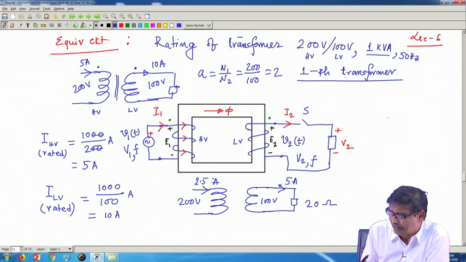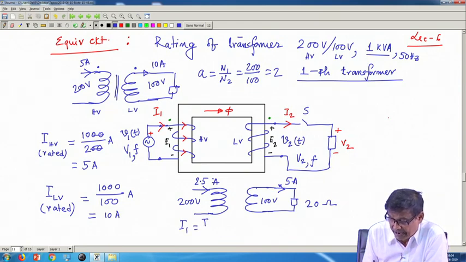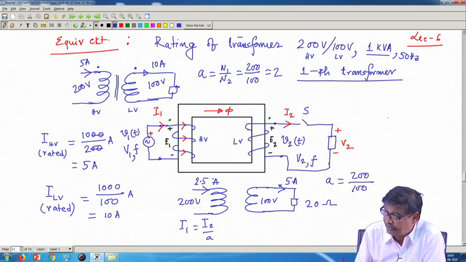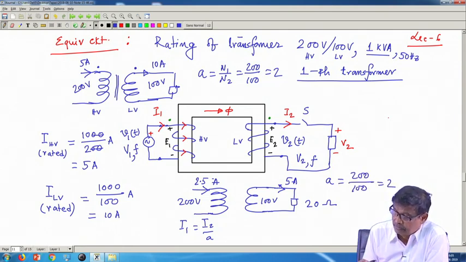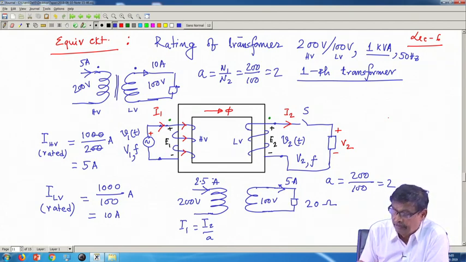Okay, you have connected 20 ohm, this current is 5 ampere, HV side current is always I1 is equal to I2 by A, and here what is A? A is 200 by 100 is equal to 2. So, current will be reduced by a factor of 2, and so on.